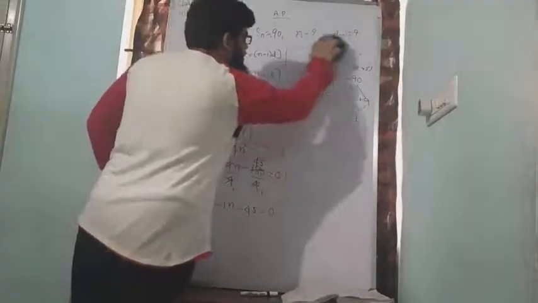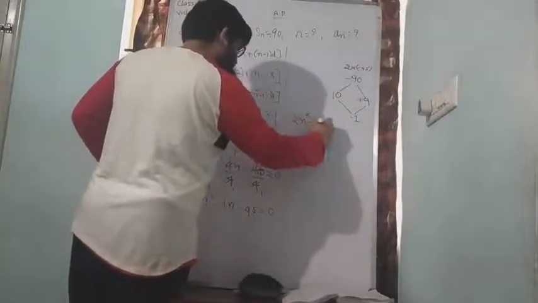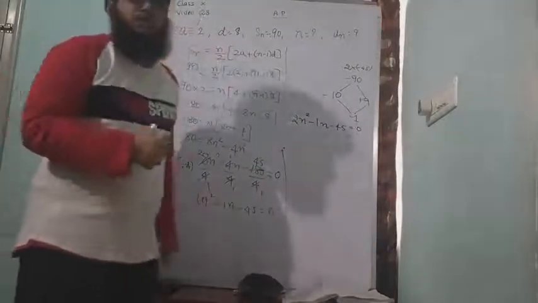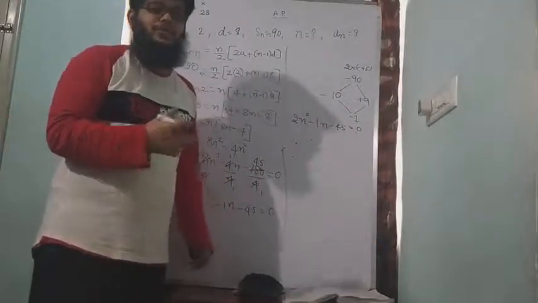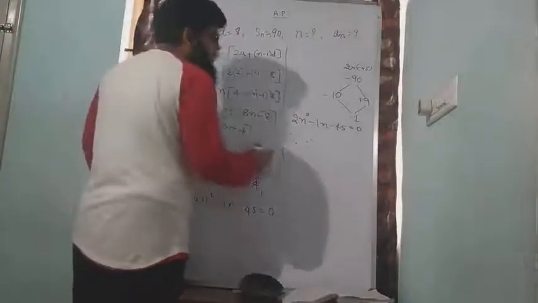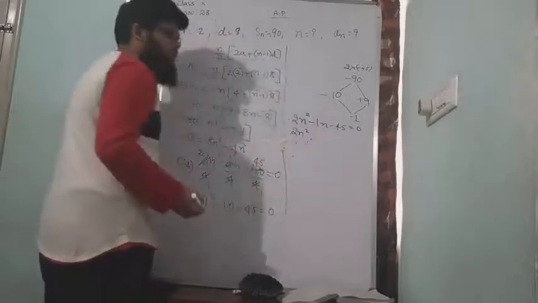I'll write the equation again now. 2n squared minus 1n minus 45 is equal to 0. You have learned this in 9th standard, so please try to recall, don't forget everything, because some basics are very important. Now what we should always do is, we should always write the first value as it is, 2n squared.